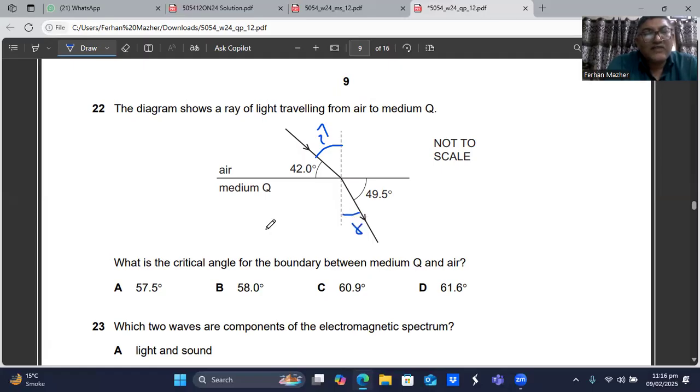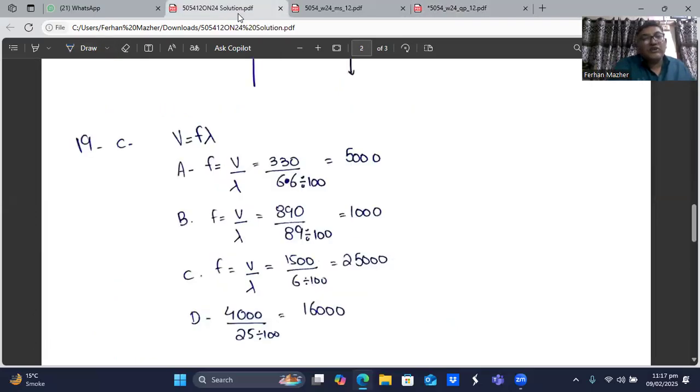And then n will be equal to sine i divided by sine r. So once I know the refractive index, then I will write the formula n is equal to 1 divided by sine C. And from there, I will be able to calculate the critical angle.